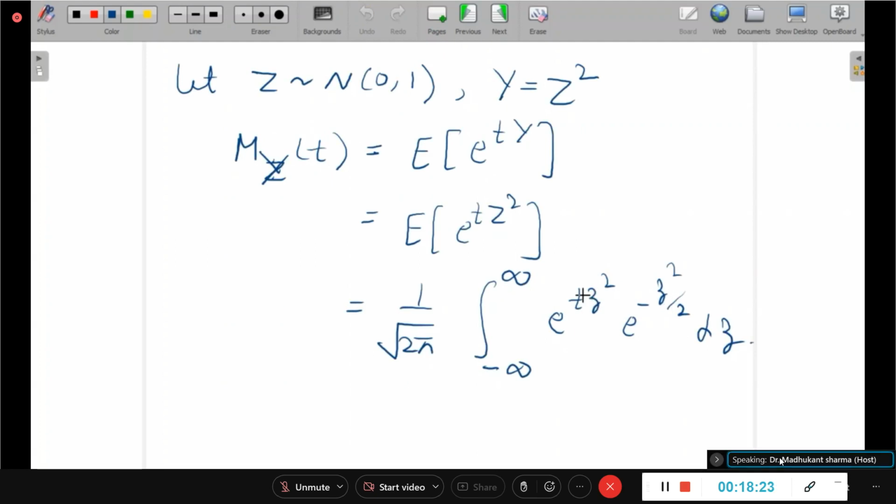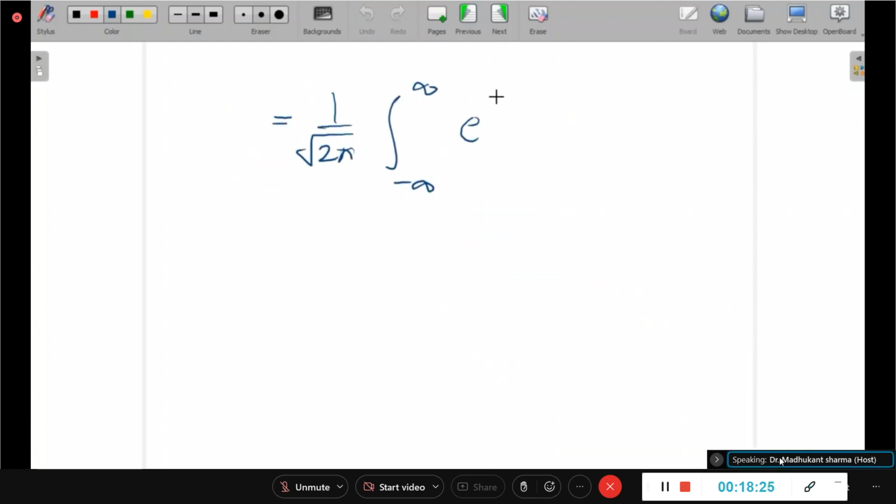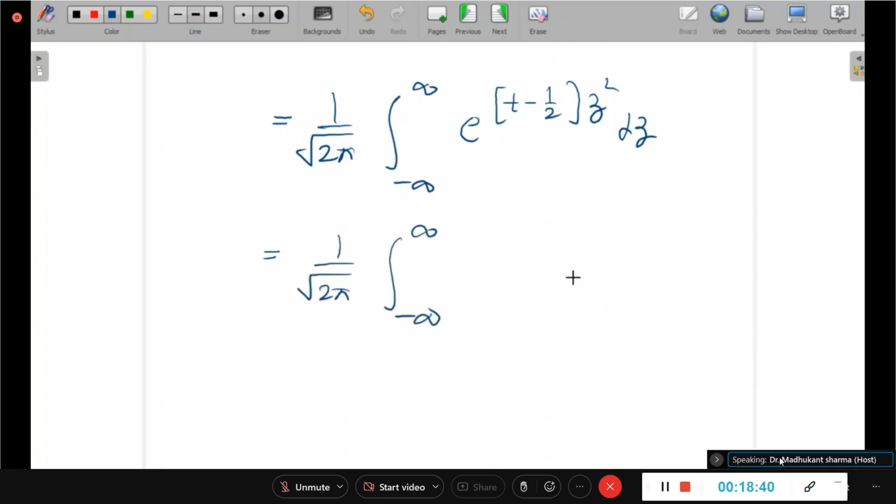If you do all the steps here, this is going to be t minus one half, Z square. Do you all agree with this? Now this is equal to 1 by square root of 2 pi, the integral from minus infinity to infinity of e to the power minus Z square times (1 minus 2t) by 2, dz.